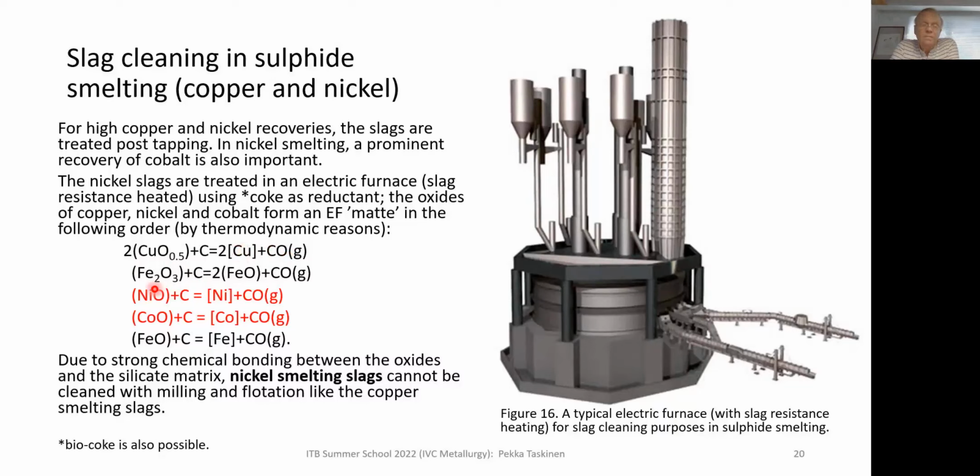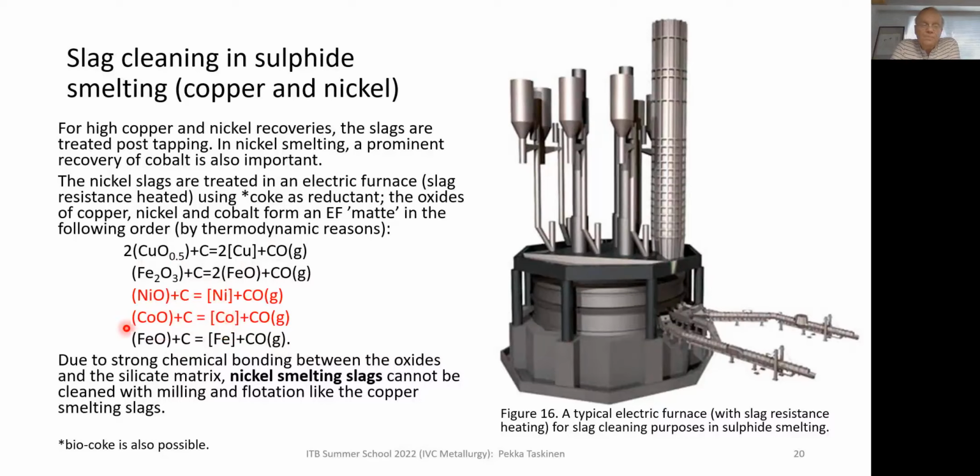And after that, nickel oxide in the slag starts to generate nickel into that copper alloy. And further on the next phase, cobalt, last in the row, will dissolve into the electric furnace bottom metal, or as smelters typically call it, electric furnace matte.